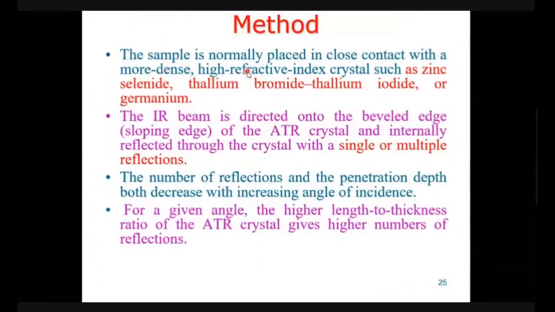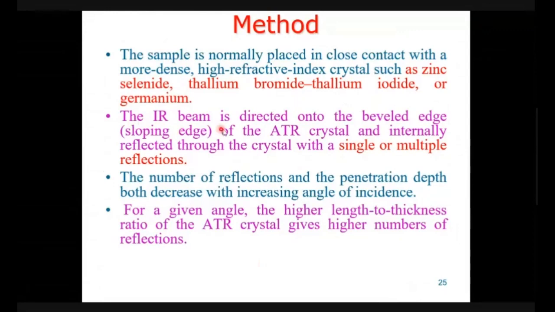Now, the sample is normally placed in close contact with a more dense, high refractive index crystal. Understand that when it is said to be more dense, it is optically more dense than air, but it is perfectly transparent for infrared radiation. High refractive index crystals such as zinc selenide, thallium bromide, thallium iodide, or germanium.